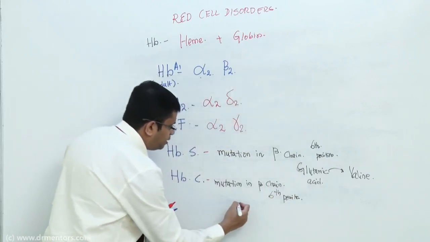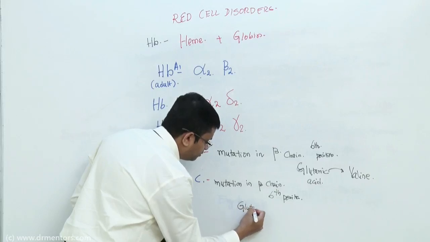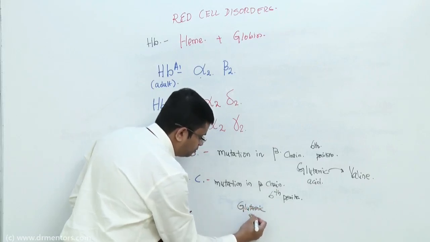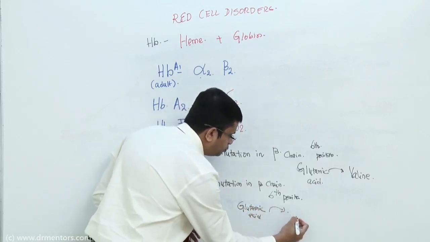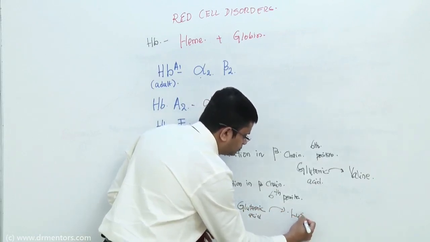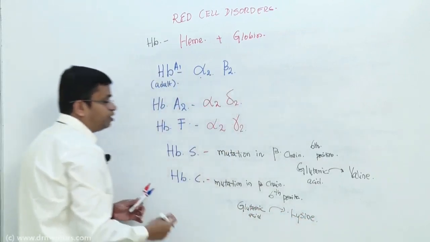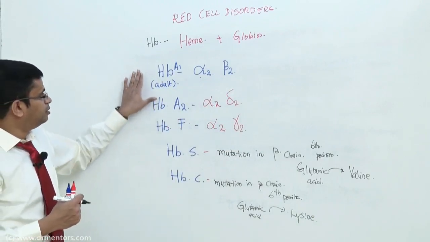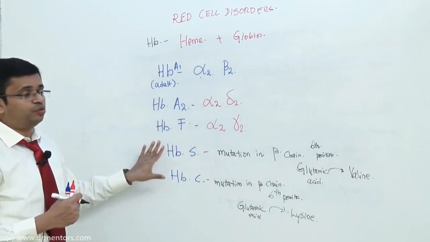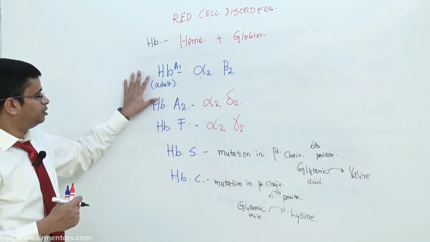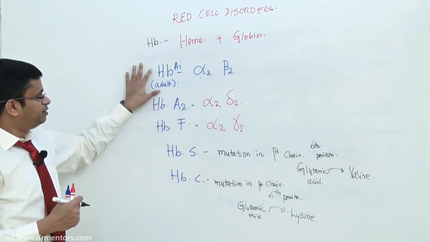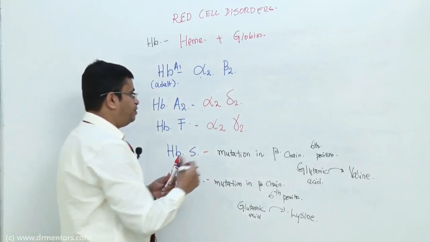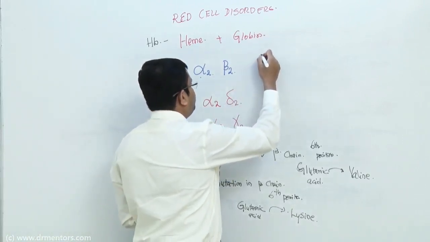Here glutamic acid is getting shifted into lysine. So I think we have learned the various subtypes. Hemoglobin A1, alpha 2 beta 2, in fact roughly constitutes up to 95%.